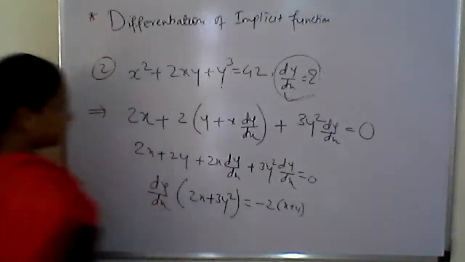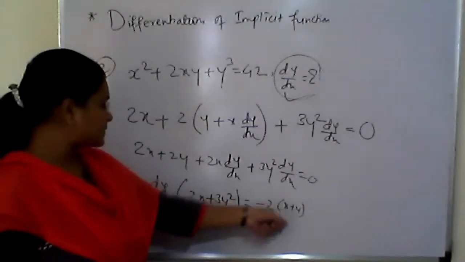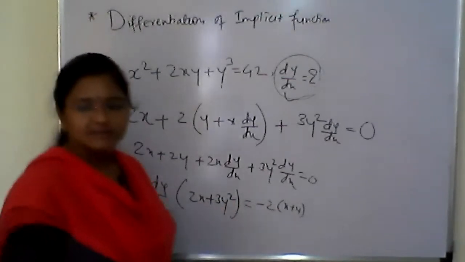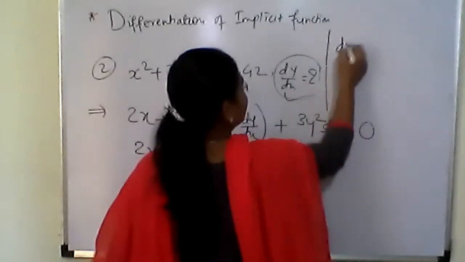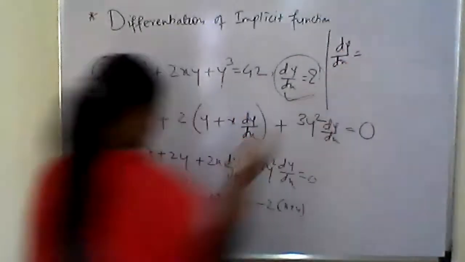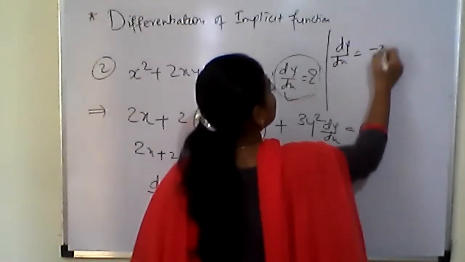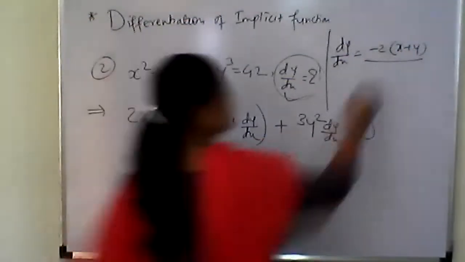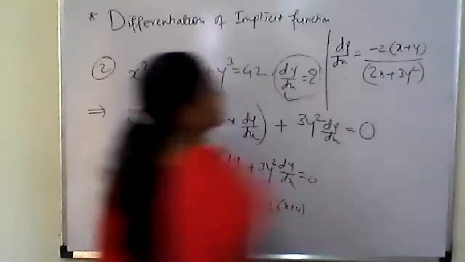Now what is dy by dx? dy by dx is minus 2 in bracket x plus y upon 2x plus 3y square. So dy by dx is minus of 2 in bracket x plus y whole thing divided by 2x plus 3y square, bracket complete.